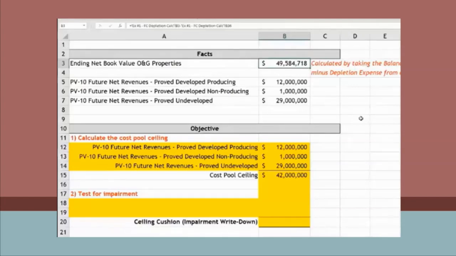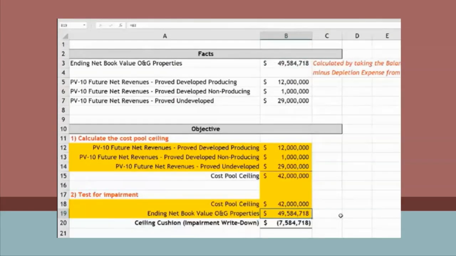So now we're going to test for impairment. What do I need? I need the cost pool ceiling, and I need that ending net book value. And then we are going to subtract, just copy and paste this, cost pool ceiling, ending net book value. Okay, so what does this mean in a nutshell? The value that the company expects to get from their properties, i.e. this, is $42 million.